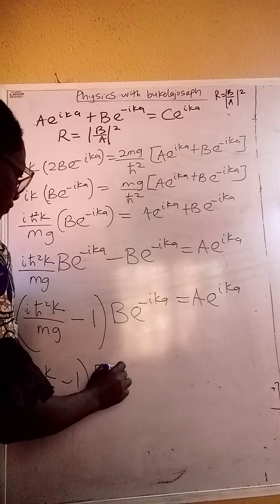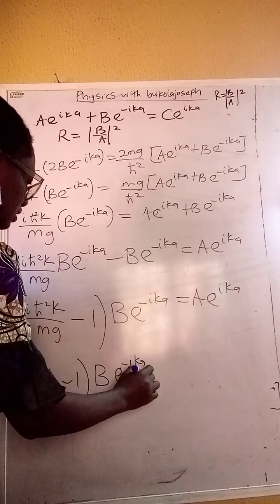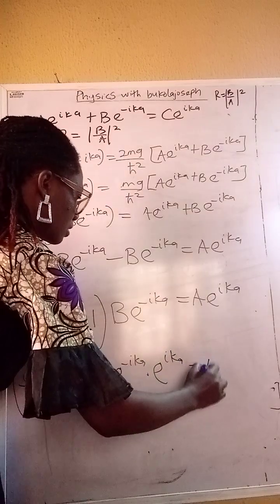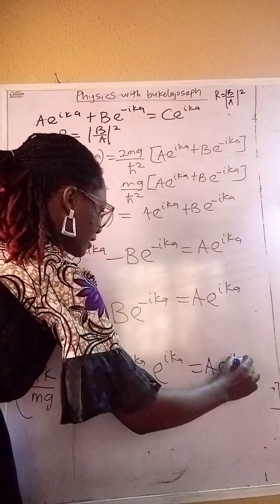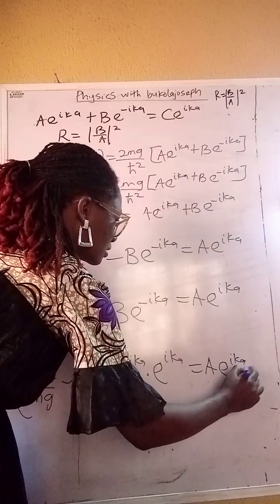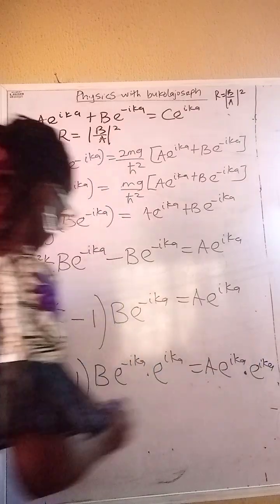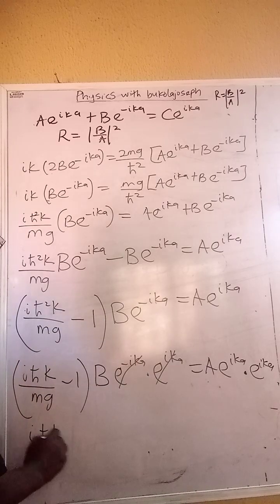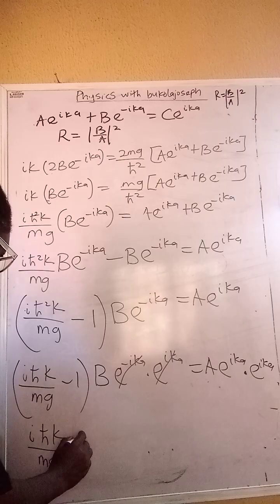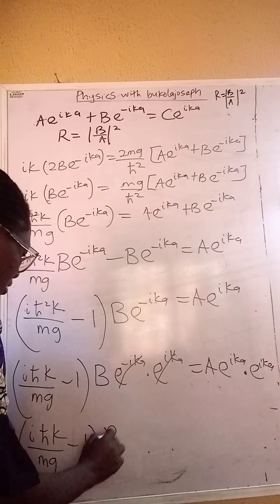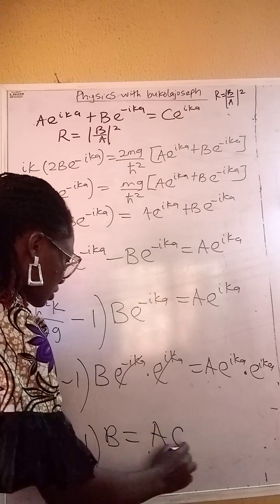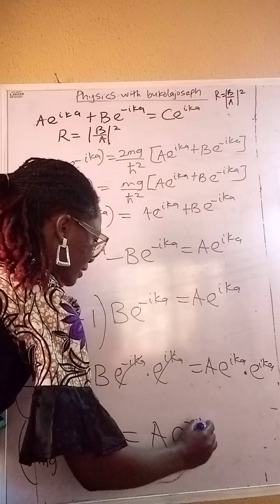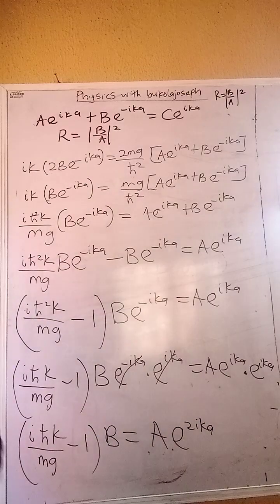If we do this, a exponential ika times exponential ika, this will cancel this, and then we'll be left with h cross k over mg minus 1, b is equal to a exponential, this will sum up, it will now be 2ika, it won't cancel out, it becomes 2.